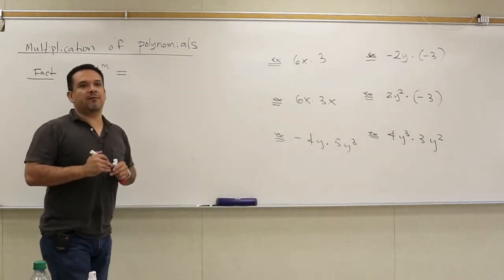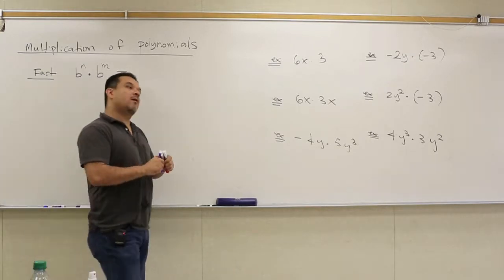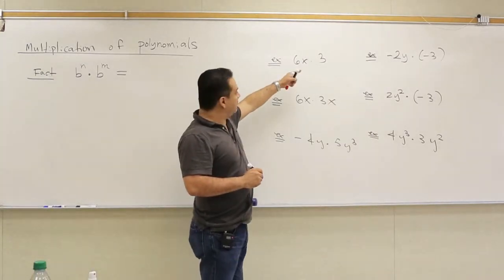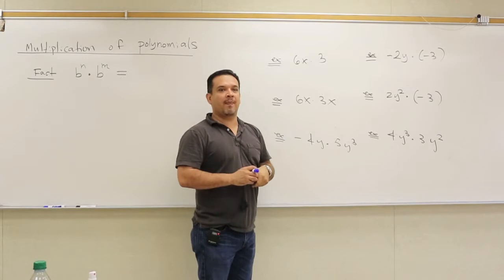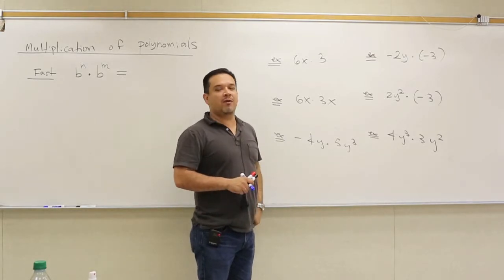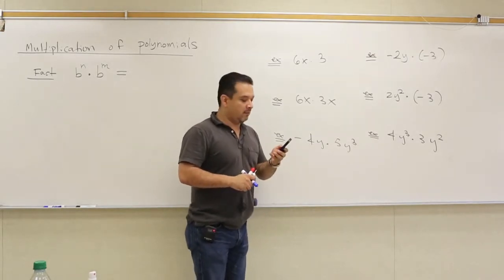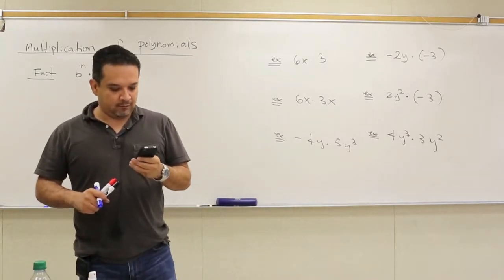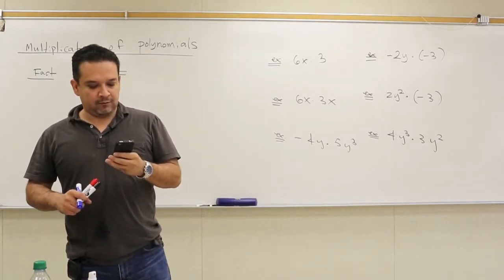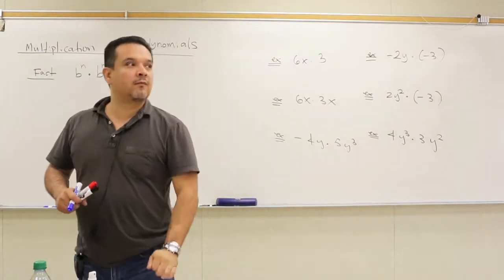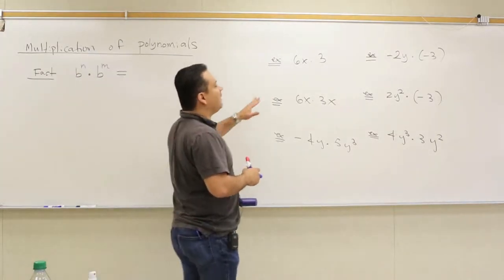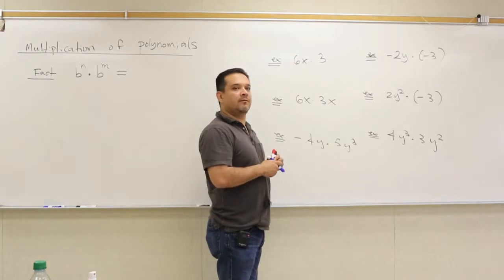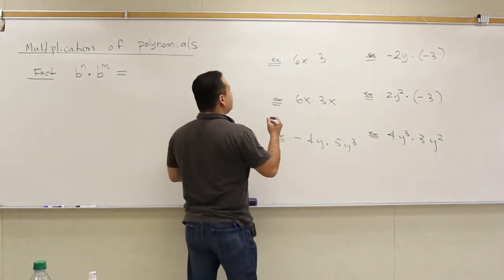Okay, so what do you guys think? What could you say about this? 6x times 3. What do you say about that one? Anybody know? 6x times 3? Is that 18x?